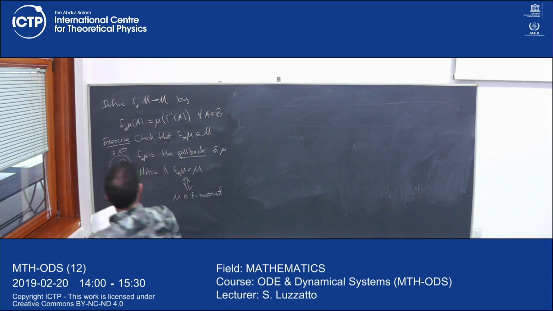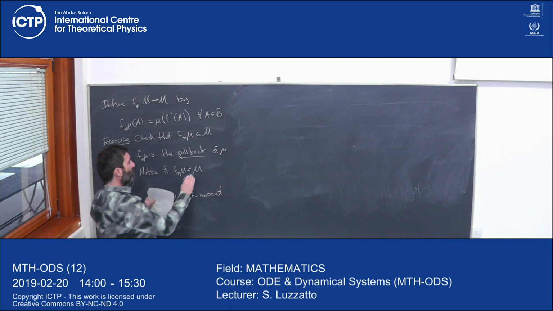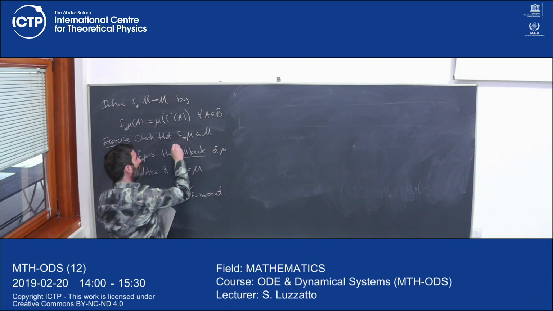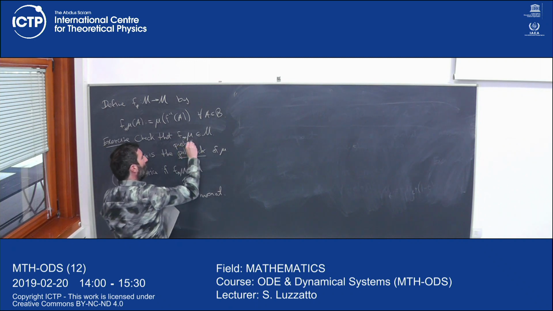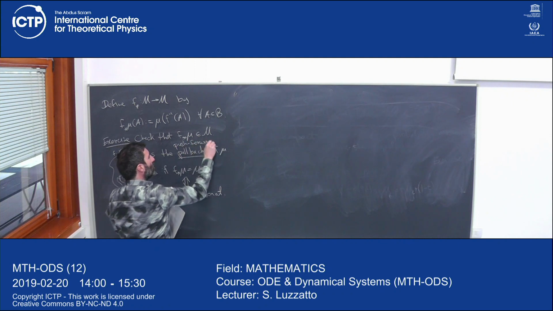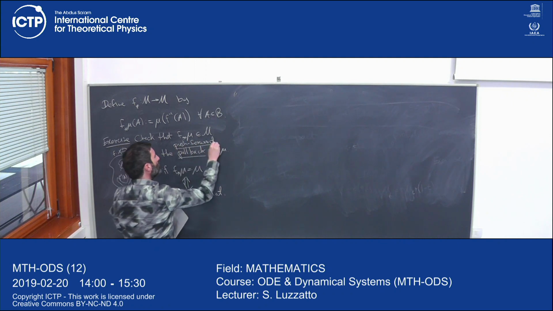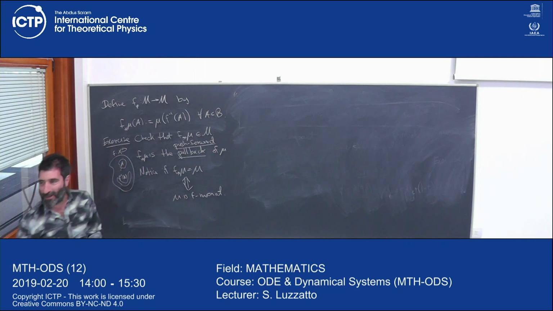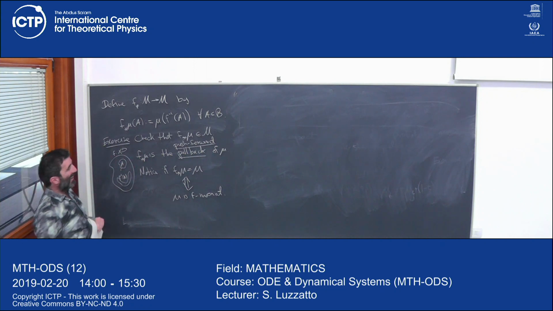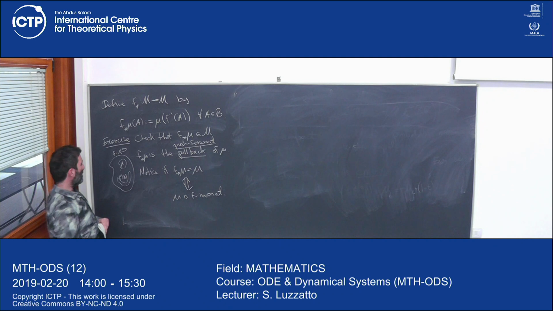this is called, I always get confused actually. In the notes I have it push forward. So every mathematician I know never remembers what you call push forward and what you call pullback. Okay?